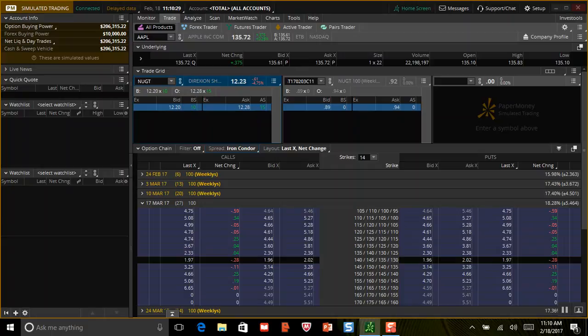this would be an iron condor here. And in the middle there, you can see there are 4 contracts. 2 of the contracts are on the call side, and 2 of the contracts are on the put side. And again, if you don't know anything about what I'm talking about, options or calls or puts, you can look up iron condors, you can look up calls, puts, stock options, all this.